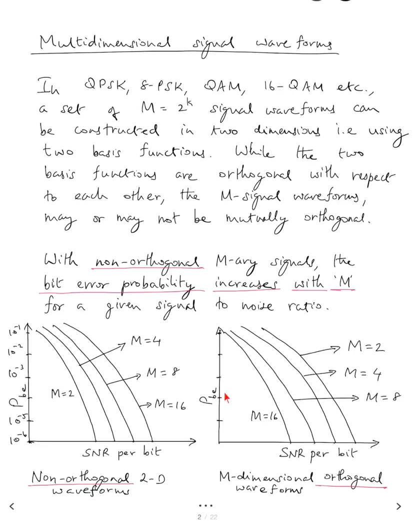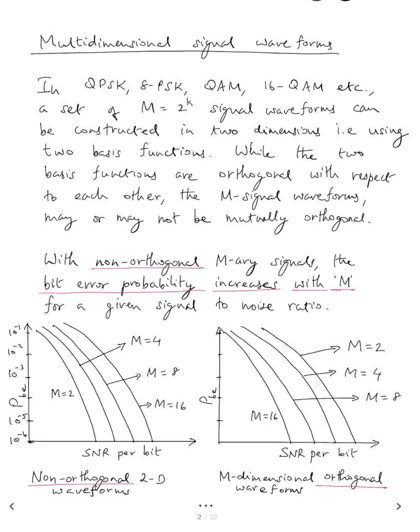For a given bit error probability, a higher value of m will require a lower signal to noise ratio. To achieve an error probability of, say, 10 power minus 4, m equal to 2 requires a high signal to noise ratio, m equal to 4 requires this signal to noise ratio, m equal to 8 requires this, and m equal to 16 requires a much lower signal to noise ratio.